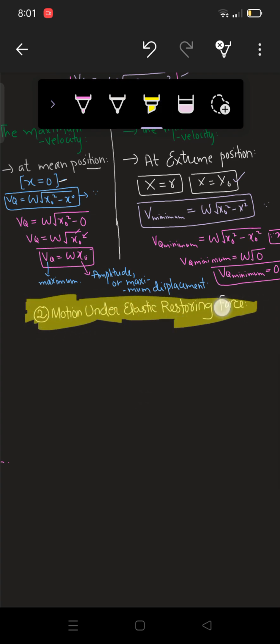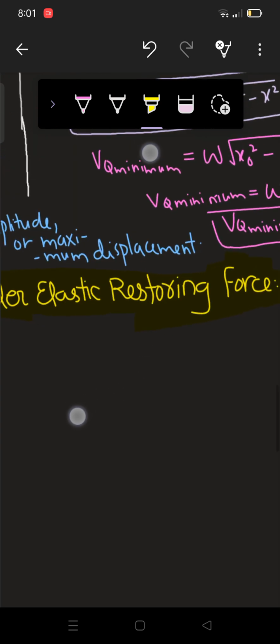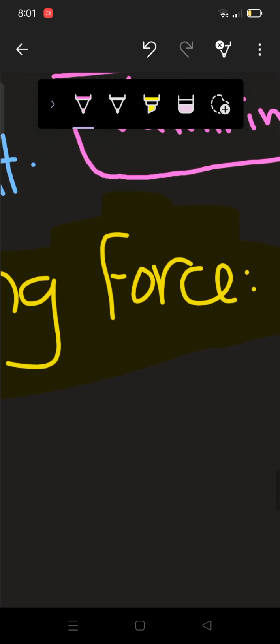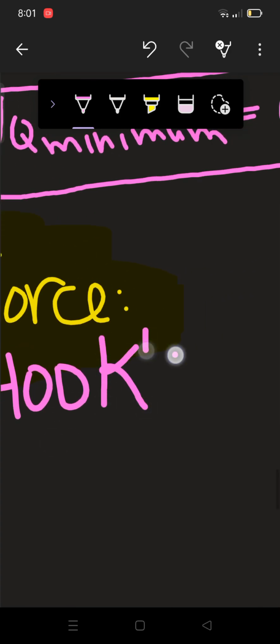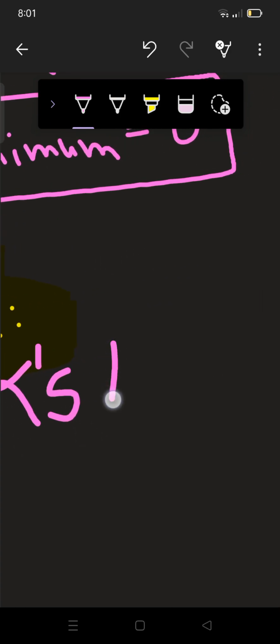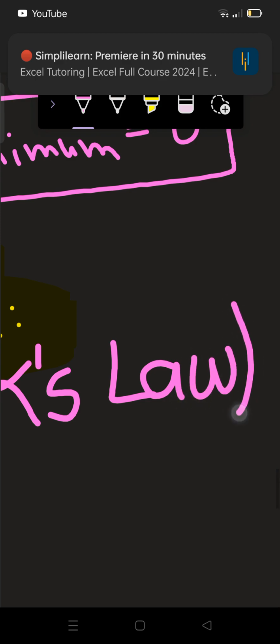We are going to study here the mass spring system. What we are going to study today is the mass spring system in Hooke's law.